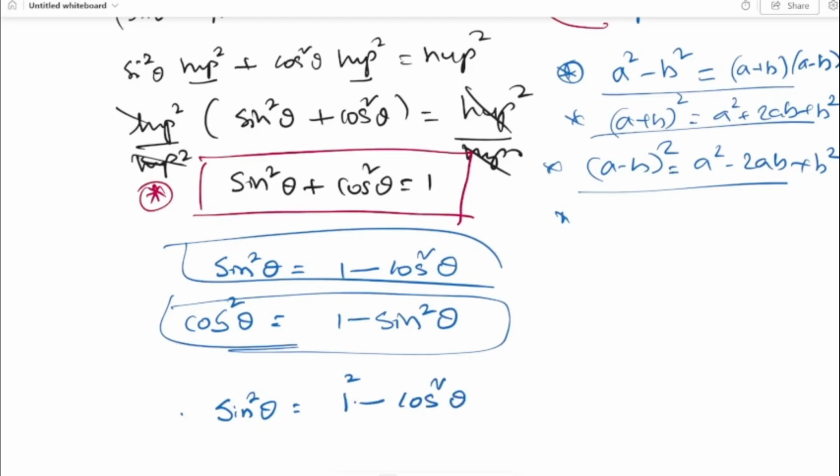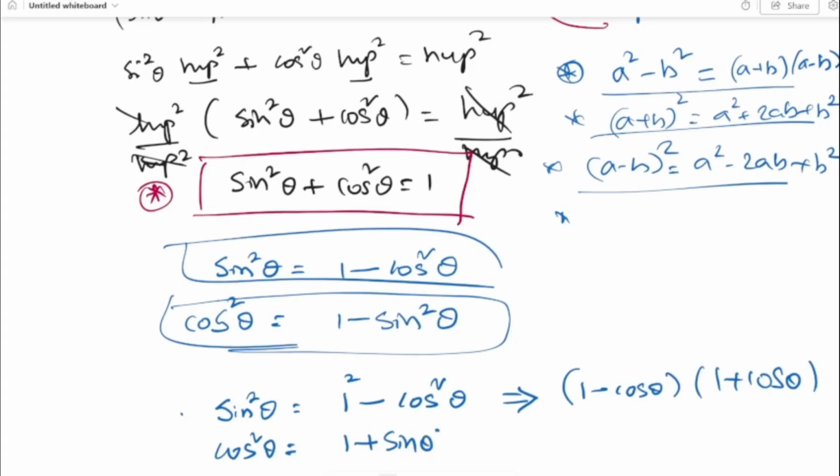So it's in the form of a square minus b square, and you can express this as factors. This is 1 minus cos theta times 1 plus cos theta. Likewise, cos square theta is 1 plus sine theta times 1 minus sine theta. So I hope I'm not confusing. This is all basic algebra. I'm just trying to illustrate how algebra is used in trigonometry.